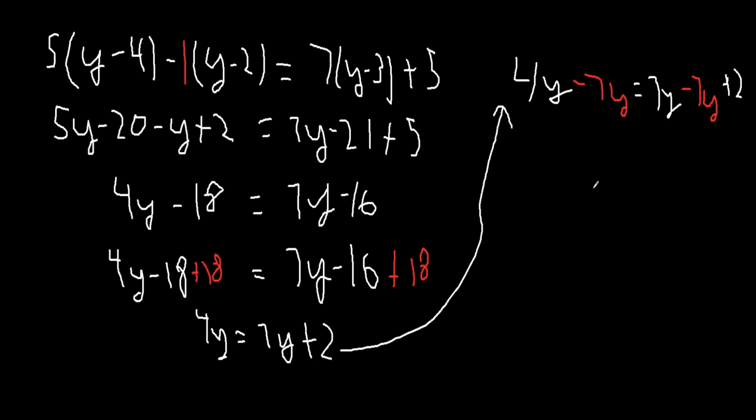So 4y minus 7y is negative 3y. And here we have 2. So we can divide by negative 3 on both sides, and that gives us 2 divided by negative 3. So our answer will be negative 2 over 3, or negative 2/3.